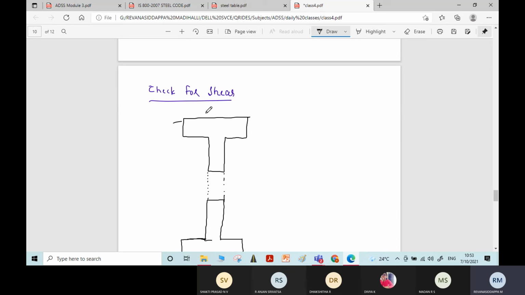150 mm is the flange width. Flange thickness is 17.4. Then the depth of web is 91.6 mm. Then the thickness of web is 9.4.